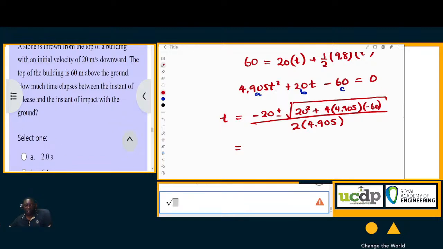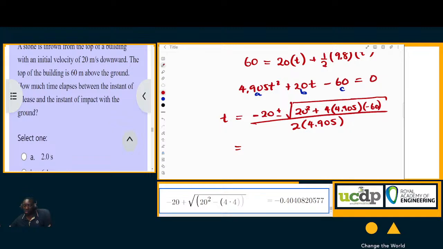We have minus b, which is minus 20. I'll start with plus the square root of b squared, which is 20 squared, minus, open another bracket, 4 times a, 4.905.